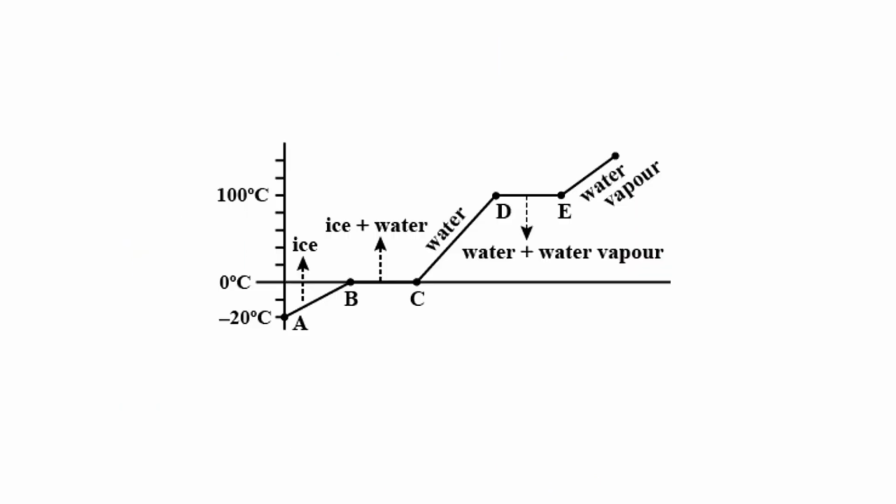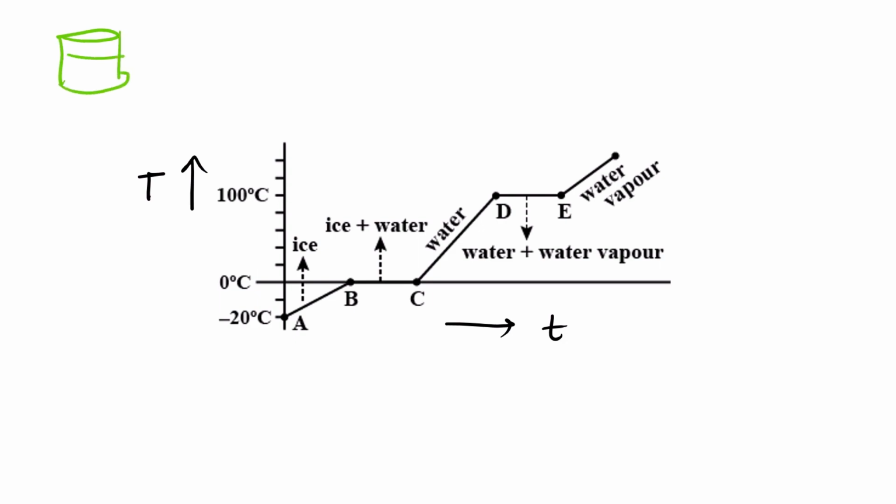Now let us see a different graph where we plot the temperature, and here you can say time. So what is happening here? Let's say we have a glass of water.